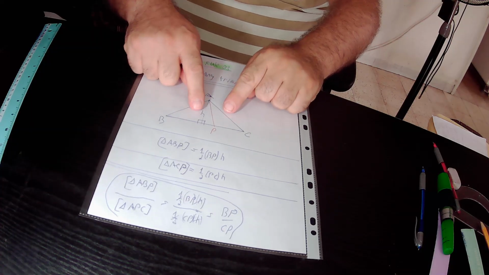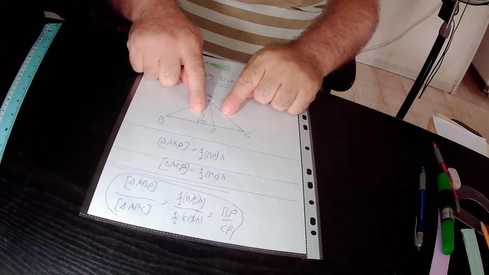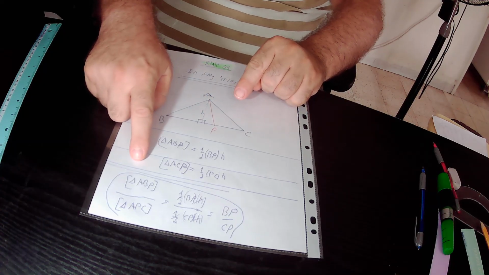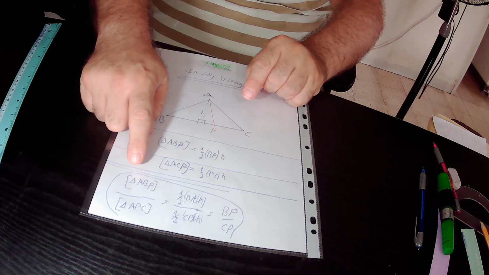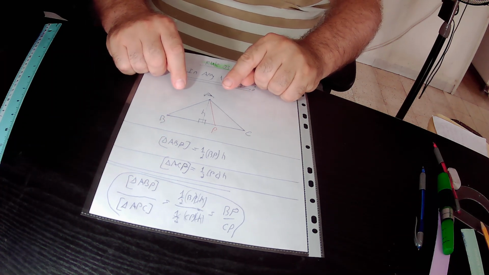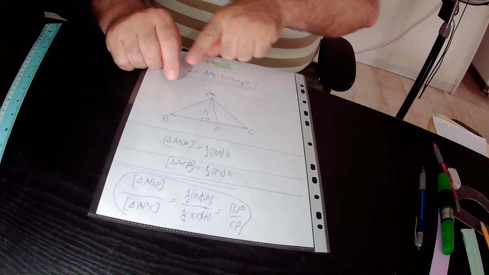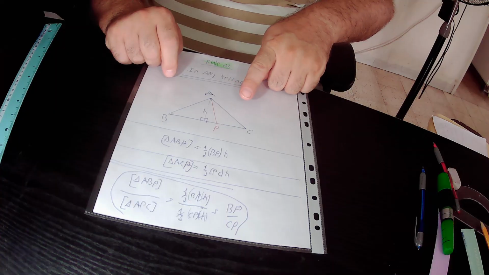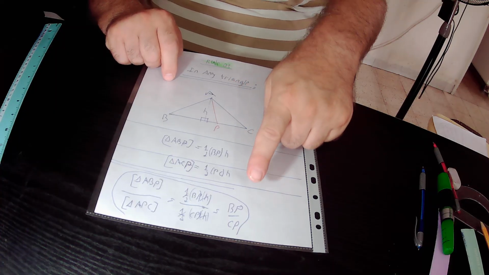So the ratio between the areas of those two triangles is the area of triangle ABP over the area of triangle APC. That ratio is equal to the ratio of their corresponding bases. The base of triangle ABP is BP. The base of triangle APC is PC. So it is BP over PC.